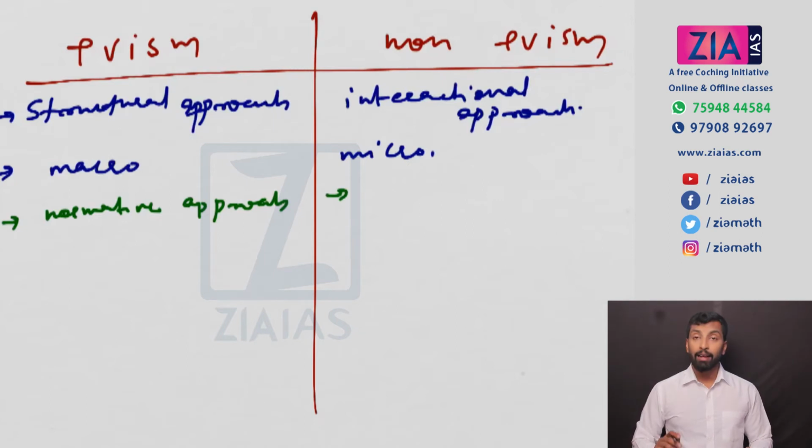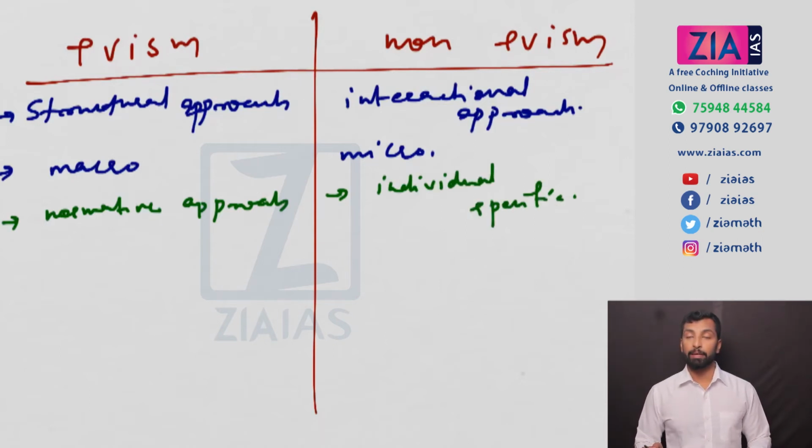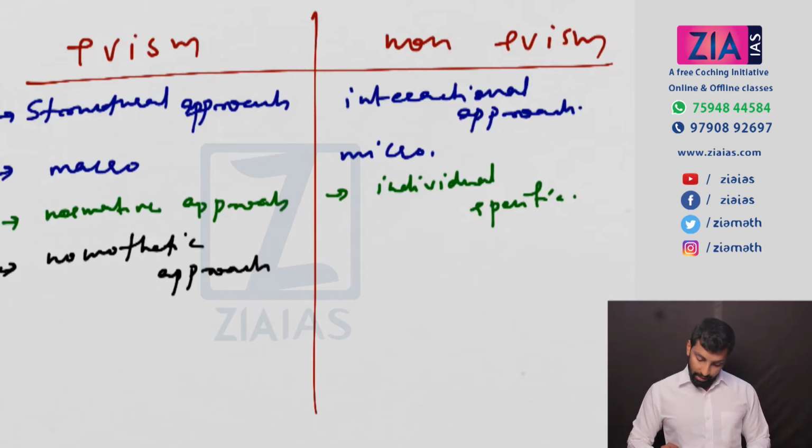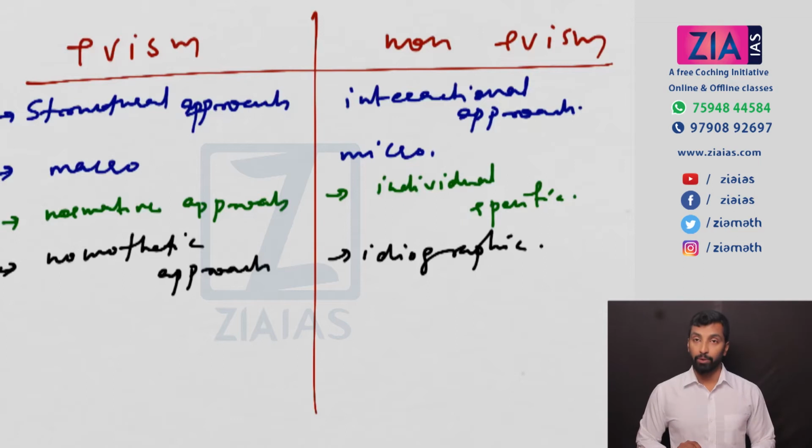On the other hand, interactionist or non-positivism is individual specific, individual specific methods. Then positivism follows a nomothetic approach. On the other hand, non-positivism follows an ideographic approach.